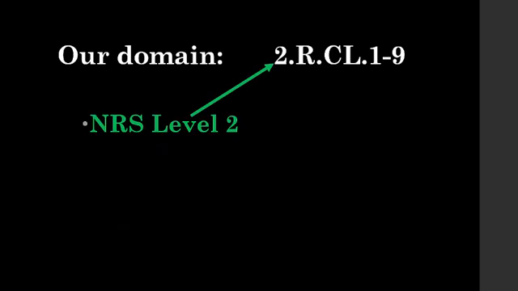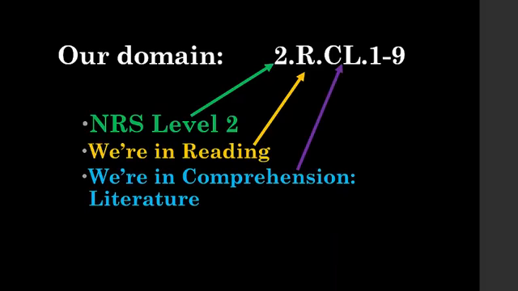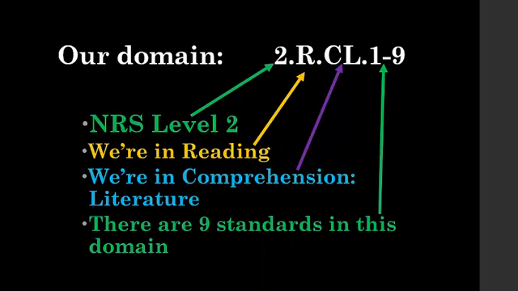The domain in which we will be working today is 2.r.cl.1-9. That means we are in NRS Level 2. We are in the reading portion of the English Language Arts Standards. We're talking about comprehension in literature, and there are 9 standards within this domain.